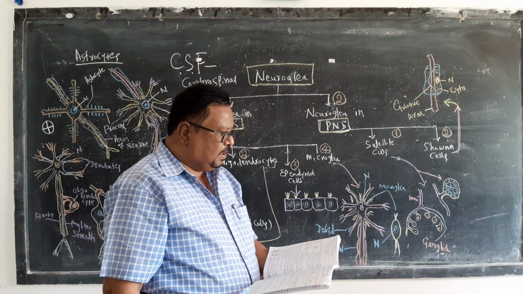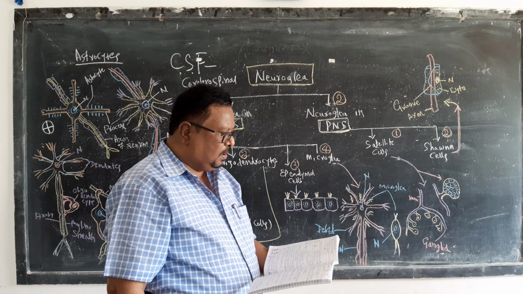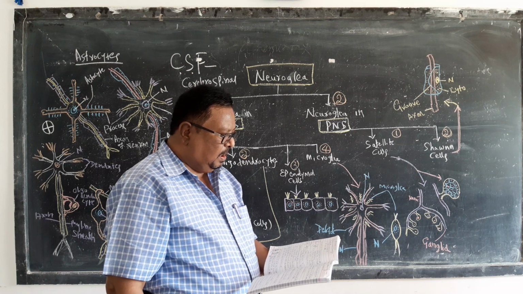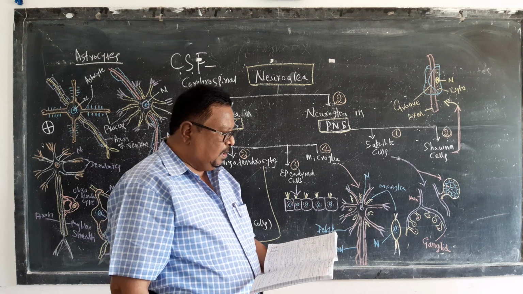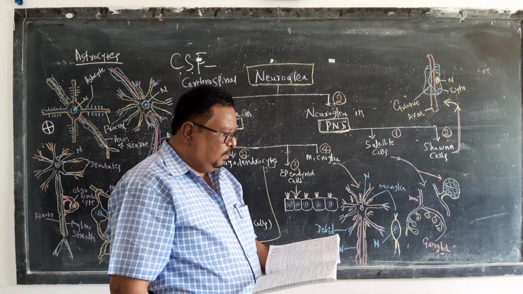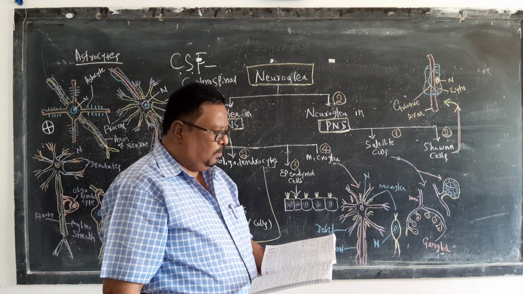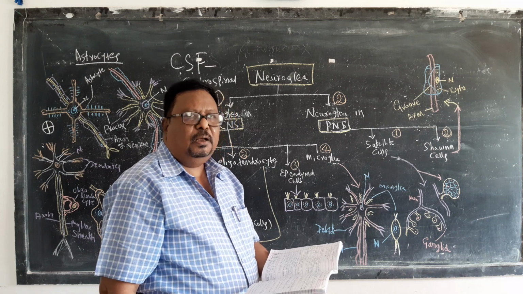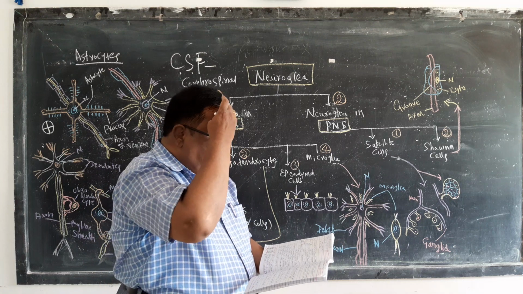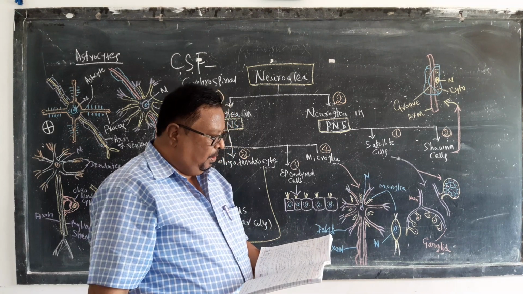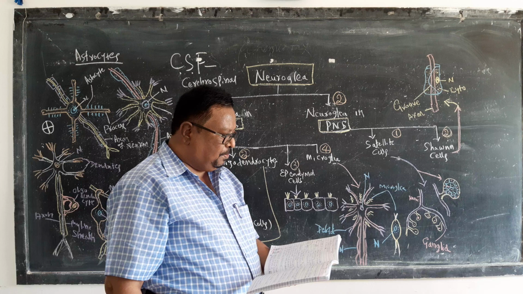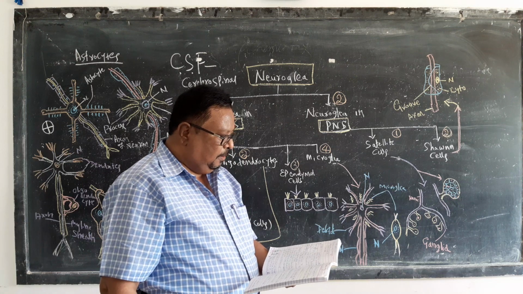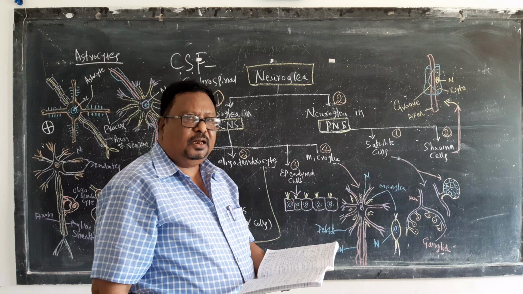Now coming to the satellite cells, these neuroglia cells are present on the external surface of the neurons of the peripheral nervous system. They surround neurons, forming a capsule around them in sensory, sympathetic and parasympathetic ganglions.